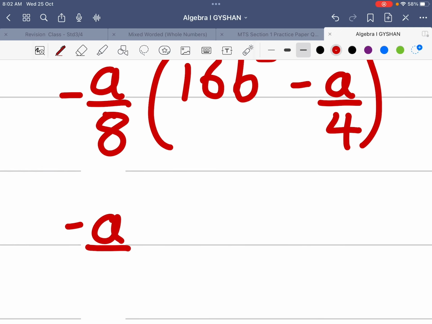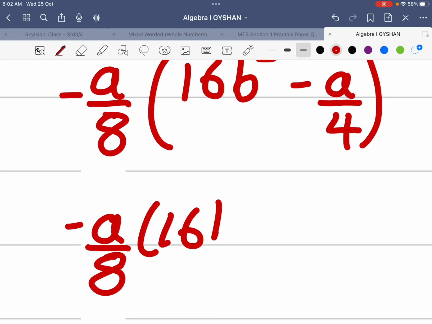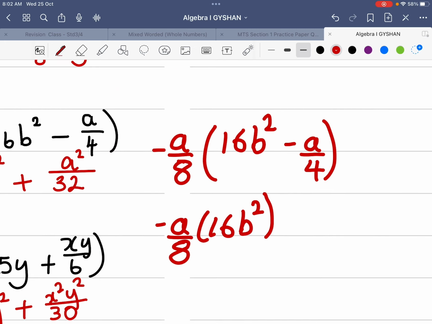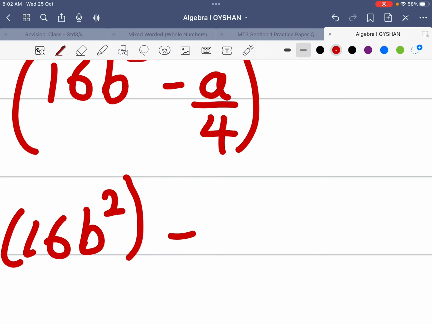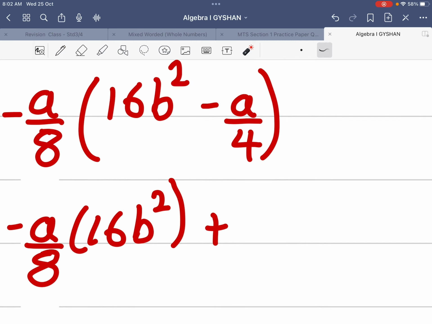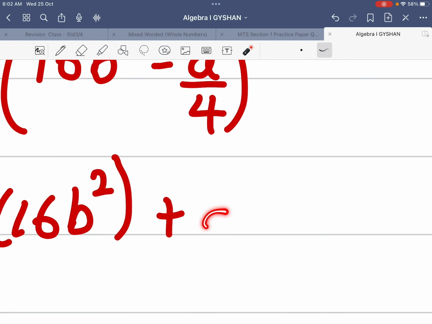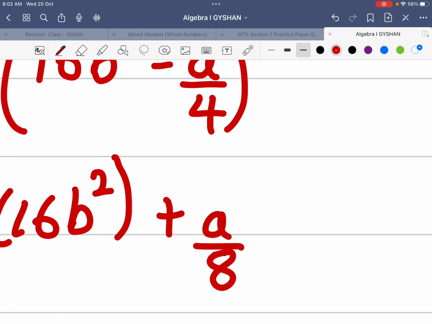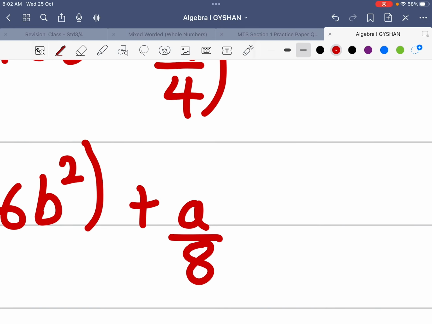Minus a over 8 multiplied by 16b squared, and then we have, well, a negative by a negative is a positive, right? So that's positive a over 8 multiplied by a over 4.